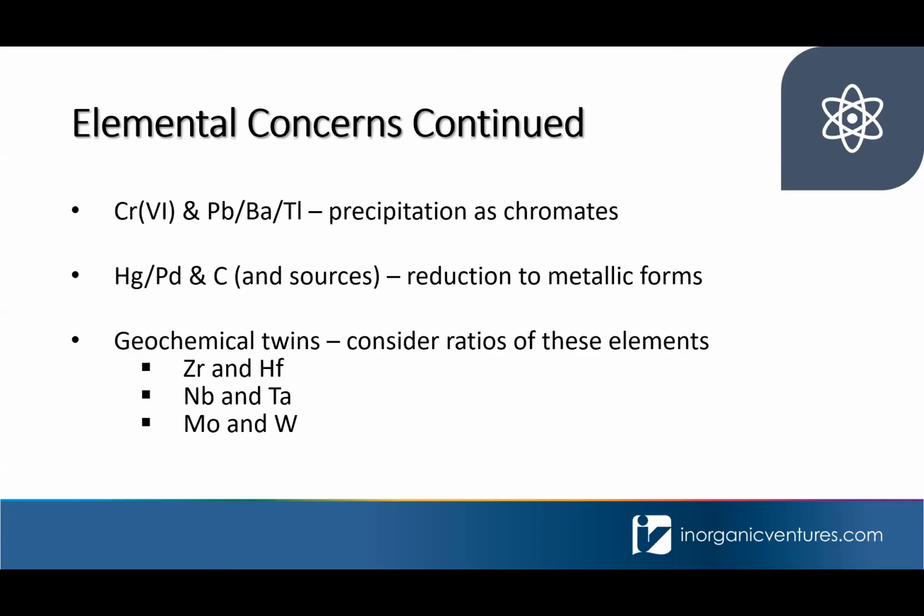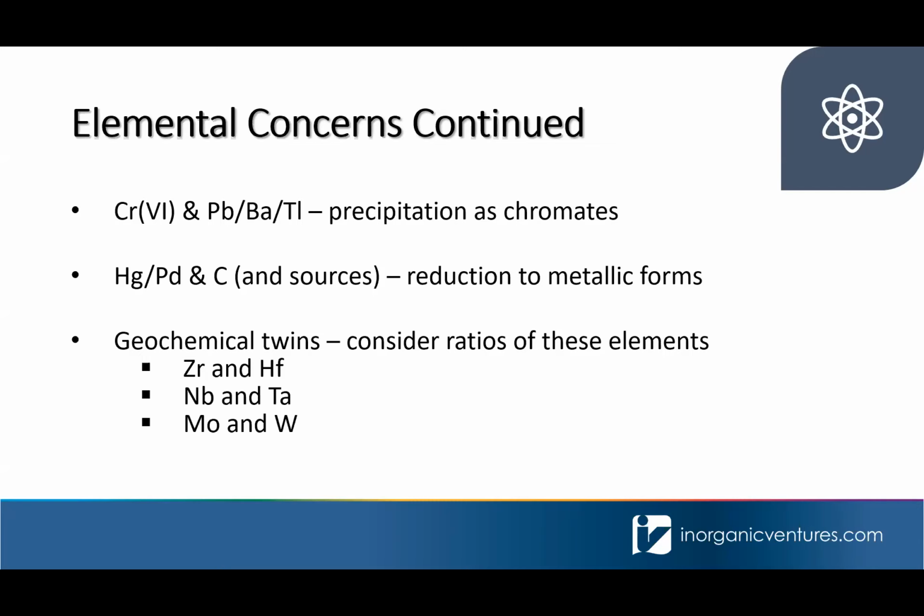Then finally, ratios of certain elements should be considered when you're talking about contamination type issues. Geochemical twins are the easiest example that comes to mind when you're talking about this. Elements such as zirconium and hafnium, niobium and tantalum, and molybdenum and tungsten are going to exist in nature as combined type ores.